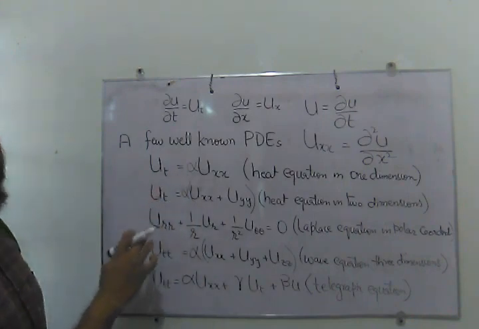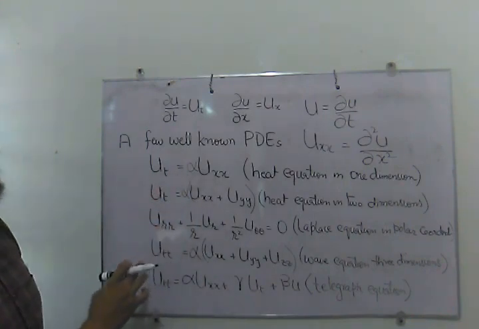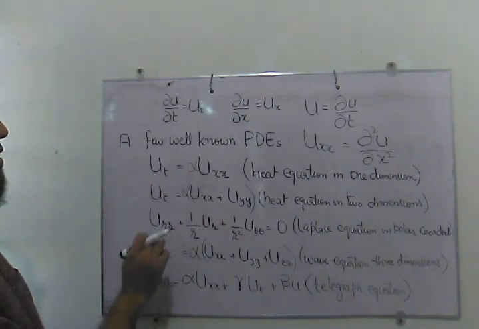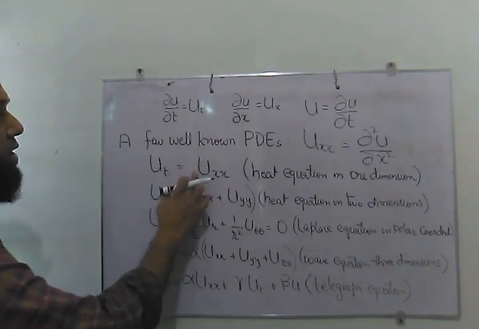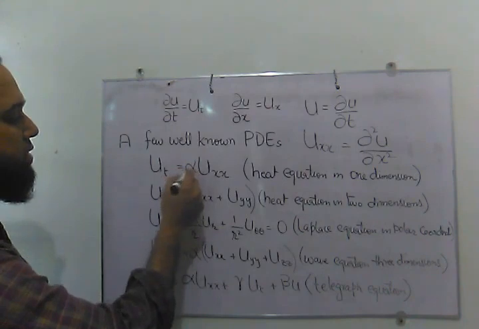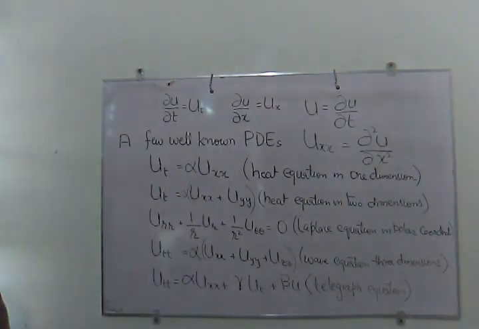When I started writing these equations, I did not write alpha, because for simplicity, if we take alpha equal to 1, then the equation becomes like this. But if we keep the value of alpha, then the standard form of the equation is this one.